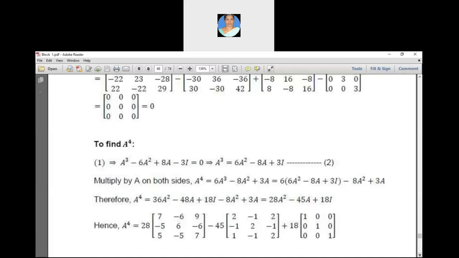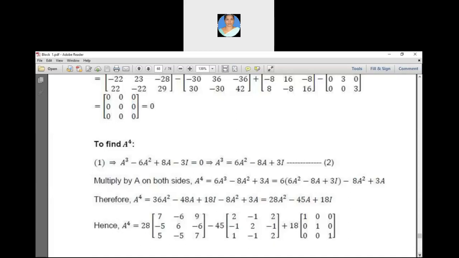This is our equation number 2. Multiply by A on both sides: A power 4 equals 6A cube minus 8A square plus 3A.